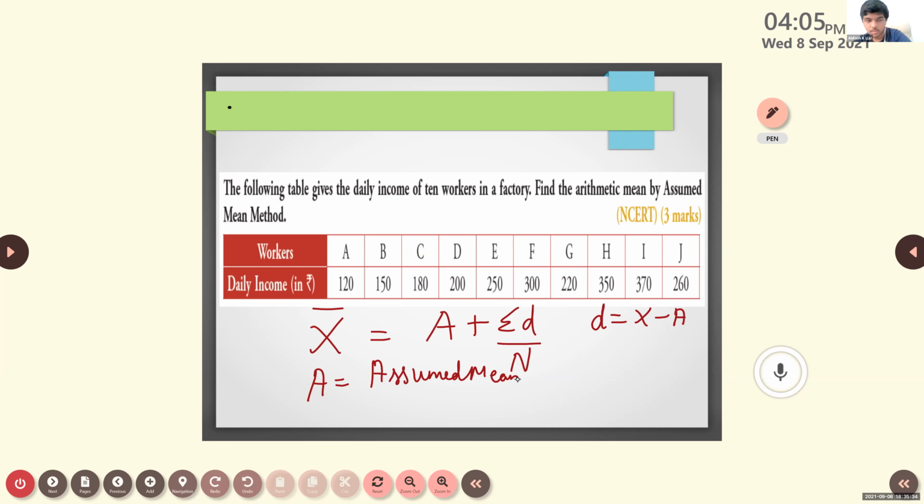Yes, ma'am. I think 120 is the first number, right? Should have gone for a little bigger one. Anybody took any other number?